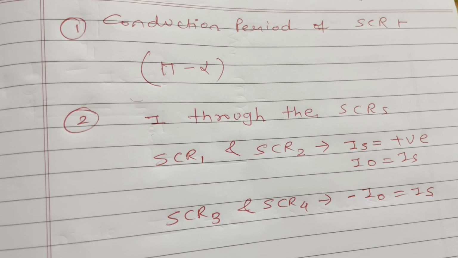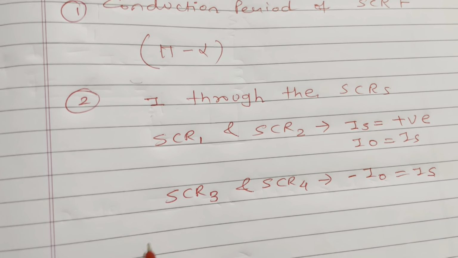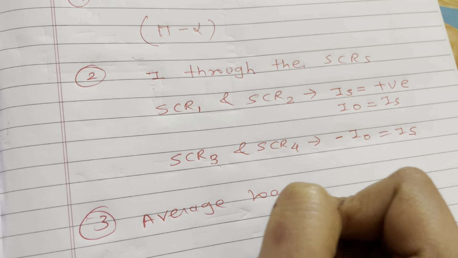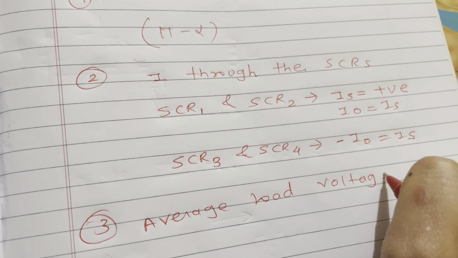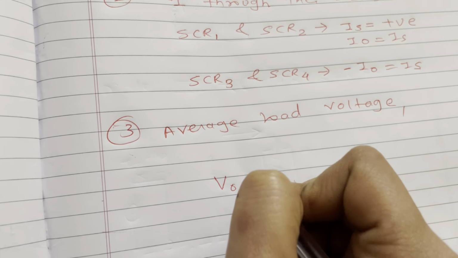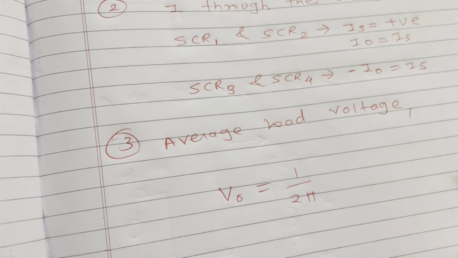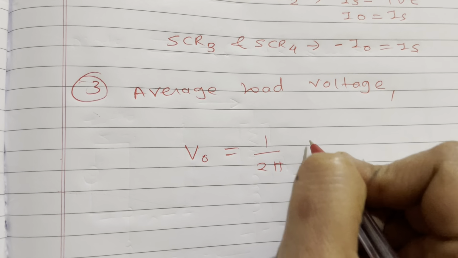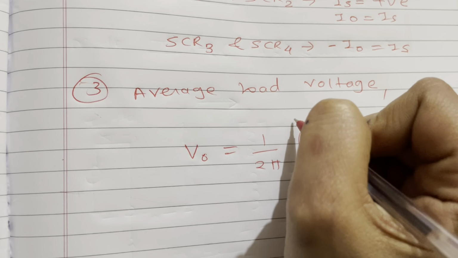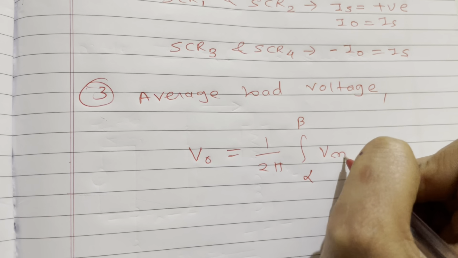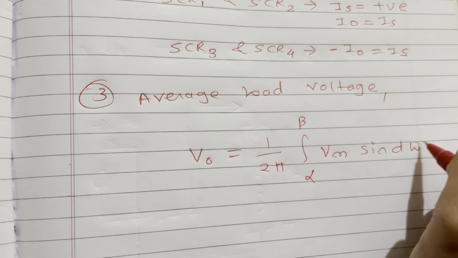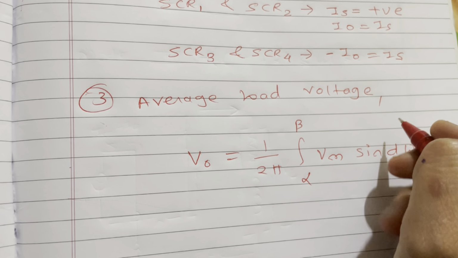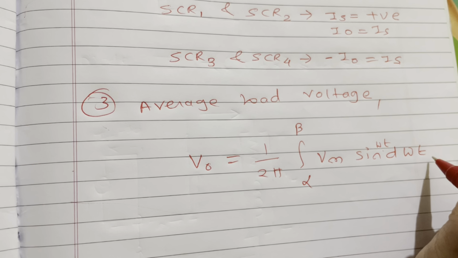Then what is the average load voltage? The average load voltage V0 is equal to 1 upon 2 pi integral from alpha to beta of Vm sin omega t d omega t.